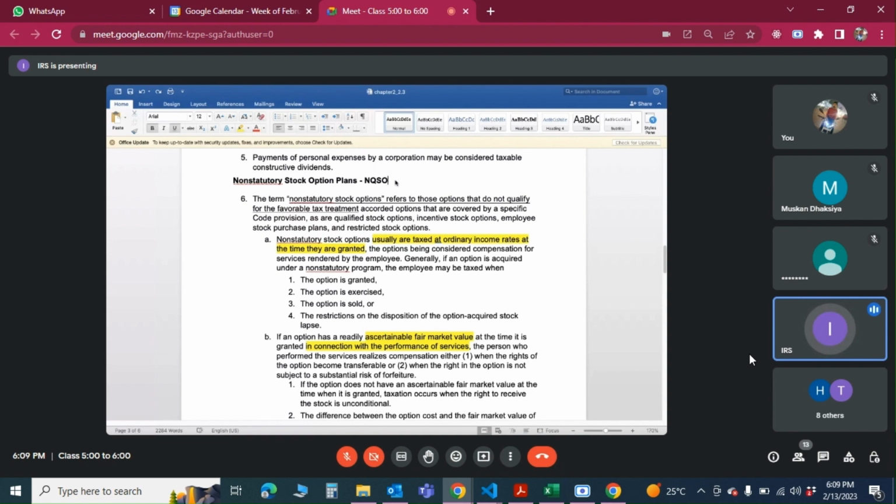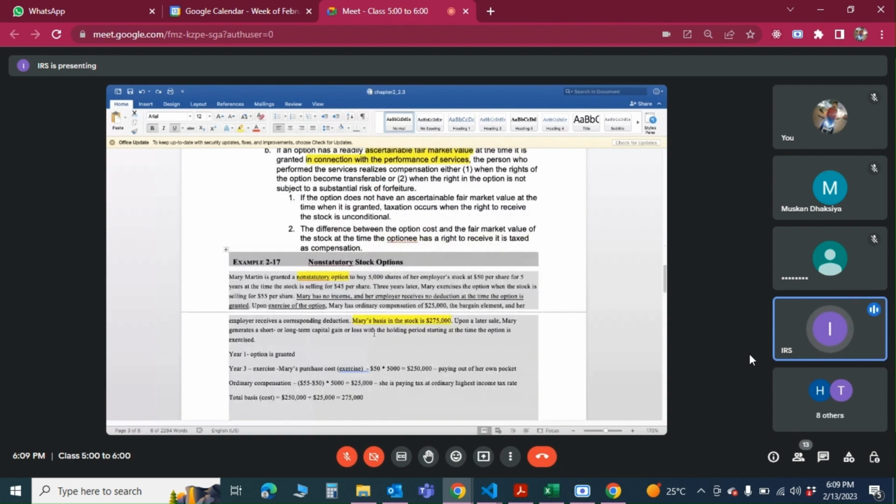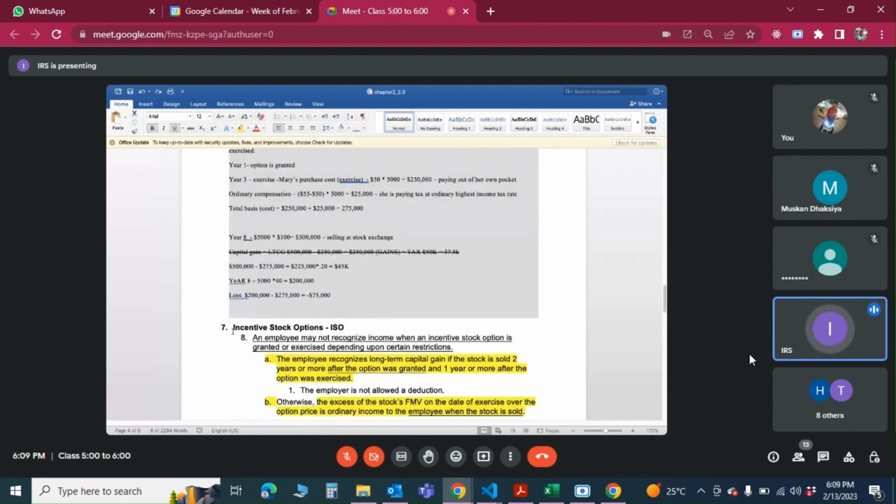That means the tax you are paying on these options is always high versus the tax on incentive stock options, or qualified stock options, which qualify for better tax treatment. So ISOs will always give some kind of taxable benefit to the employee.